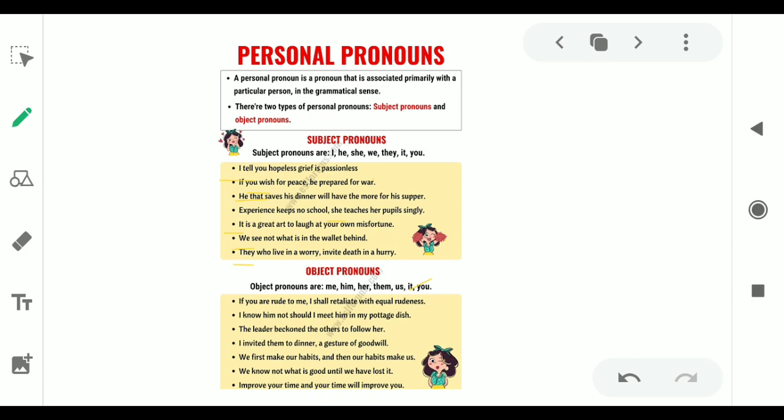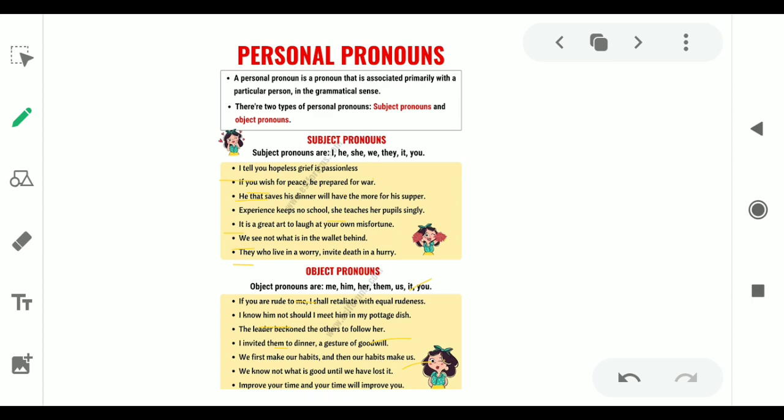Now in the objective case, me is a personal pronoun in the objective case, and in this line him is a personal pronoun. In this line her is a personal pronoun in the objective case, and in this line them is an objective pronoun. Us is an objective pronoun in the objective case.